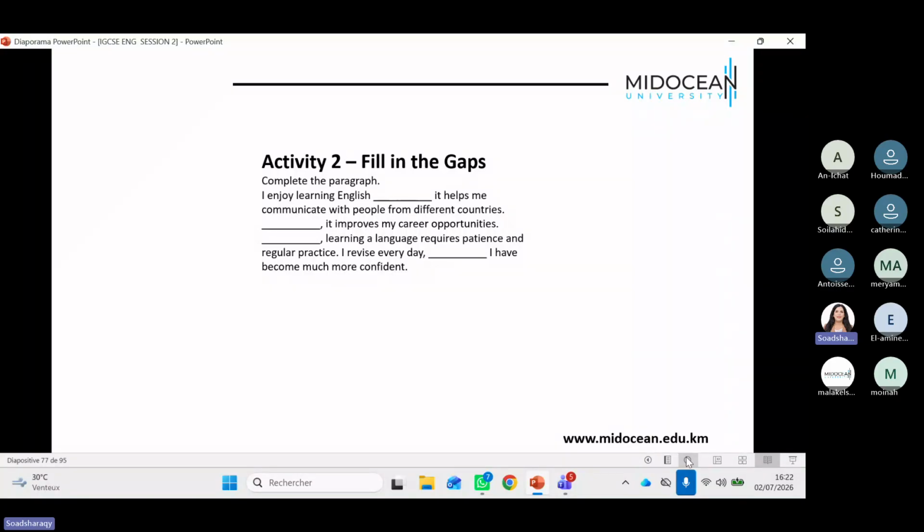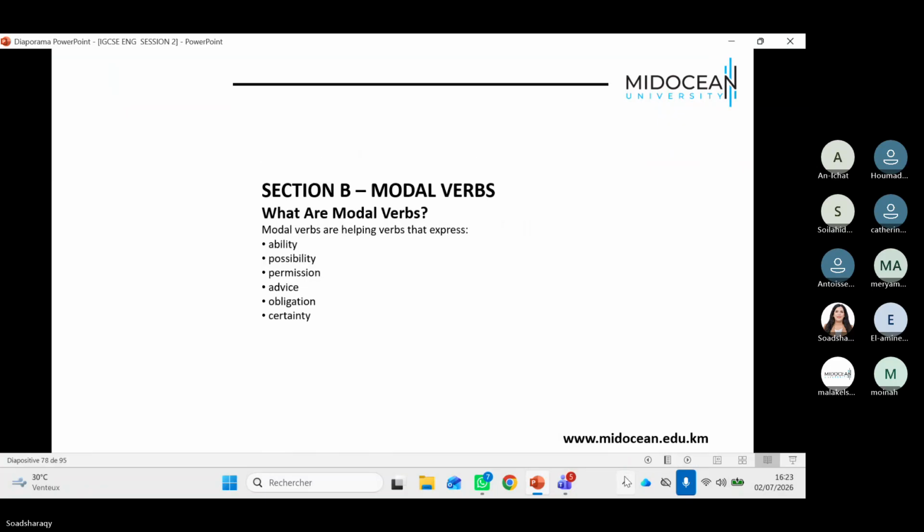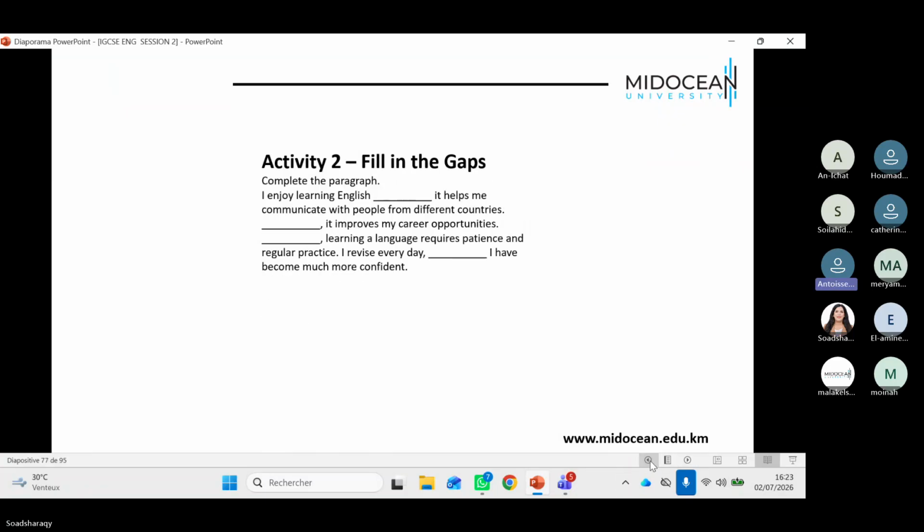Okay, quickly. Complete the paragraph with the right linker. I enjoy learning English because it helps me communicate with people from different countries.